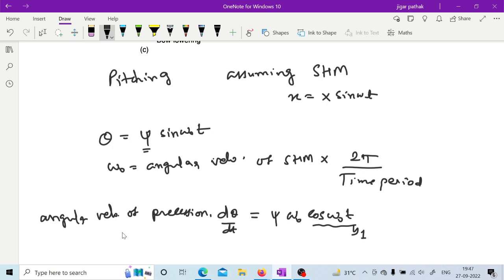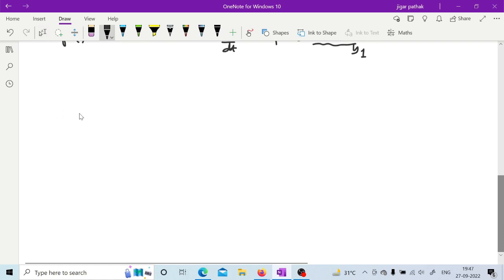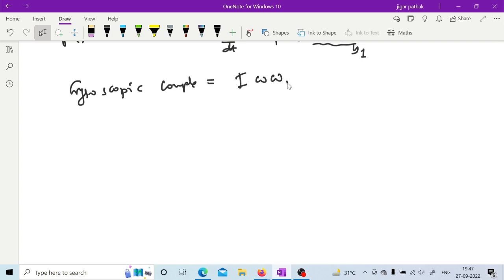Now in case of pitching, if you want to calculate the gyroscopic couple, it will be again I omega omega p, and as you have seen, omega p is nothing but phi into 2 pi by time period.